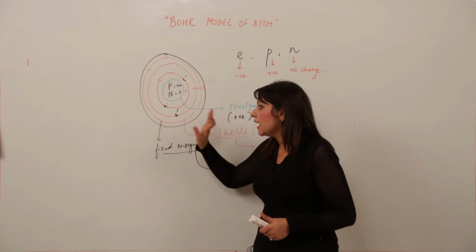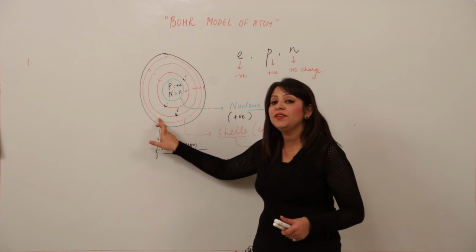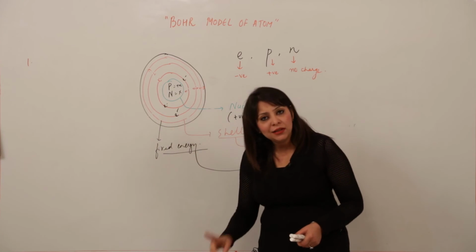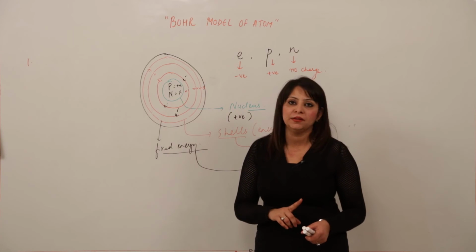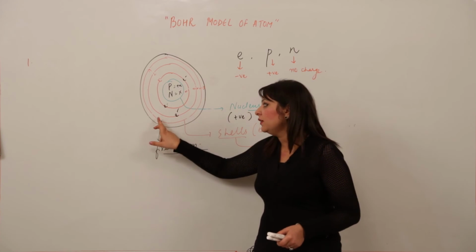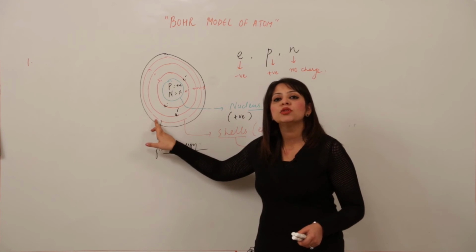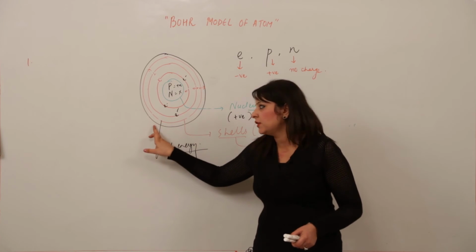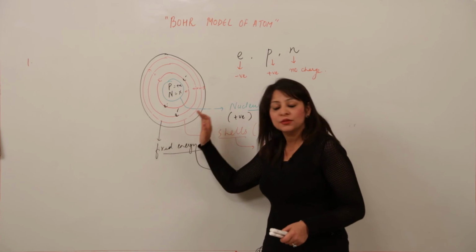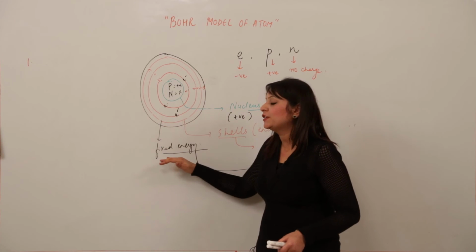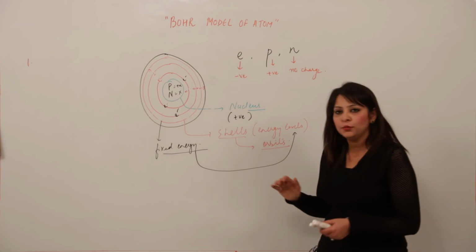That means as long as an electron revolves in the same shell, it will neither lose nor gain energy. So by this postulate, he resolved the limitation of the Rutherford model.